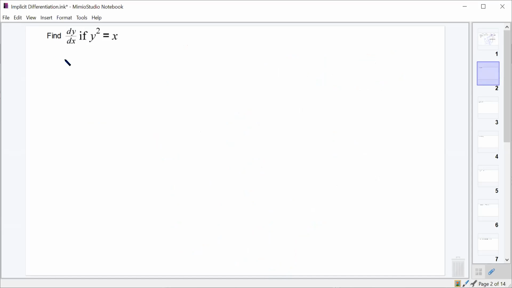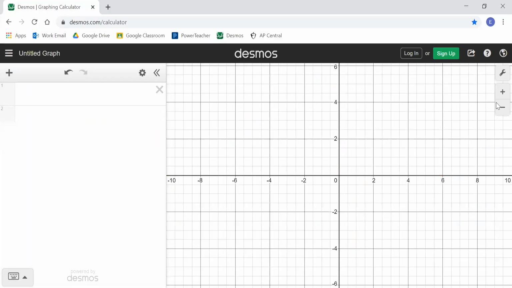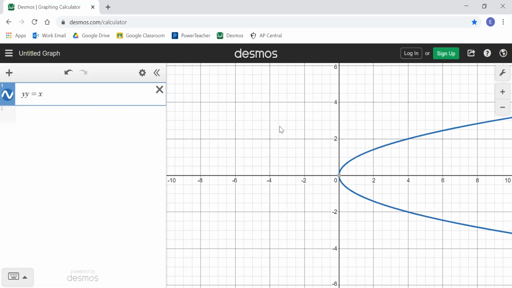So effectively, we want to find the slope of the tangent line to this equation. Anybody know what that equation looks like? What does y squared equals x look like? It looks like the square root of x, but it also looks like the negative square root of x, both at the same time.